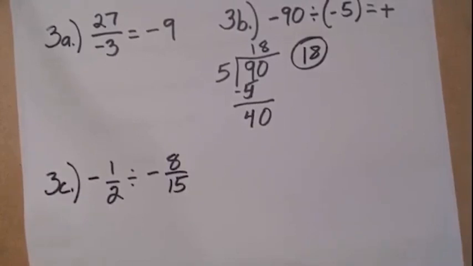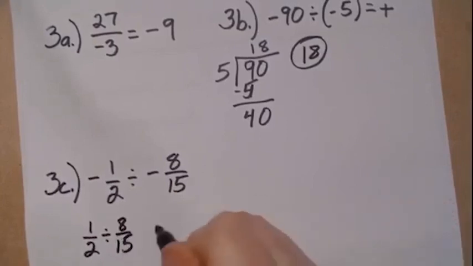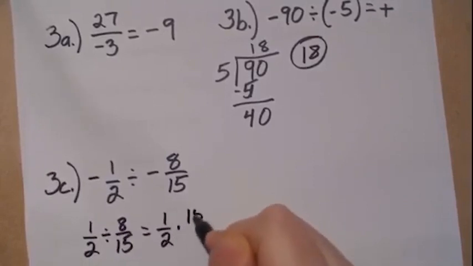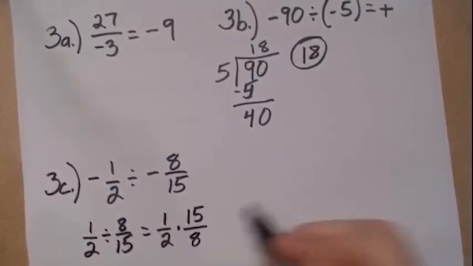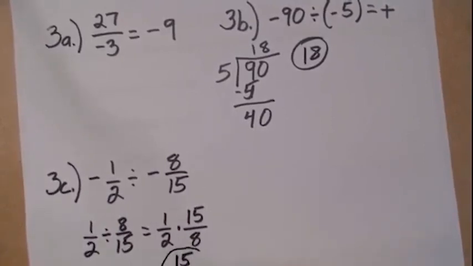Negative divided by negative will be positive, so we can just do 1/2 divided by 8/15, which would be 1/2 times 15 over 8, which gives us an answer of positive 15 over 16.